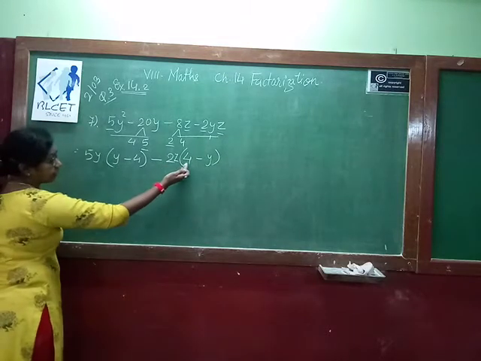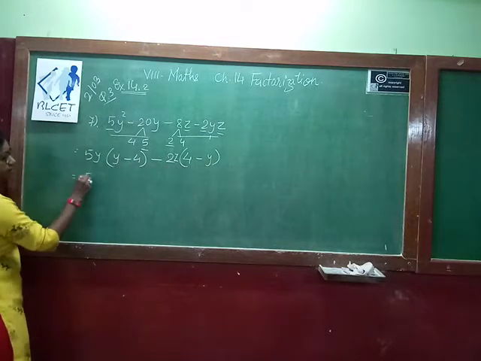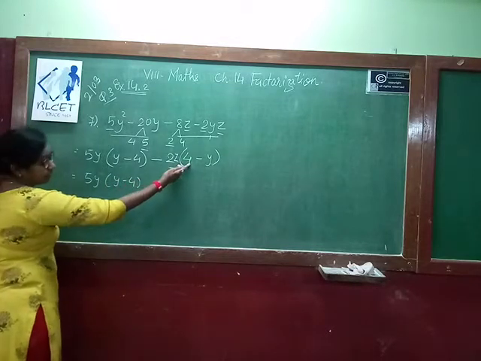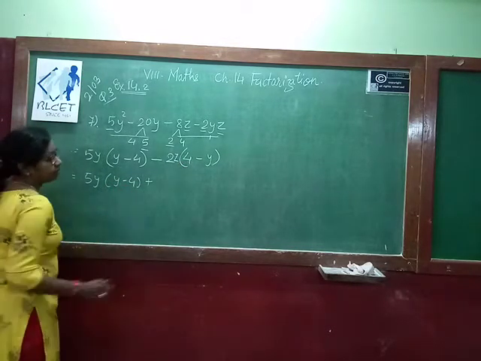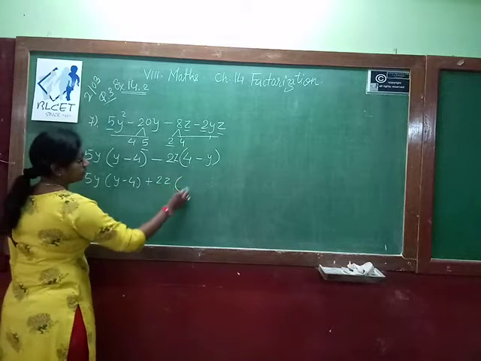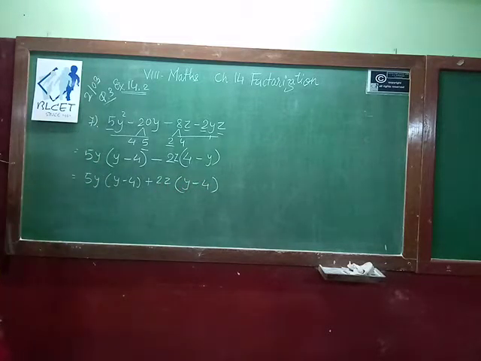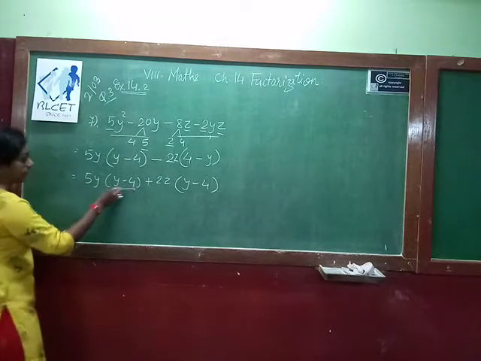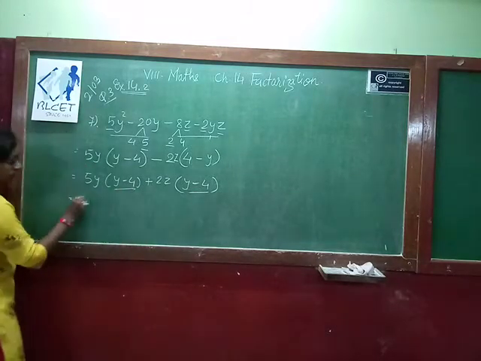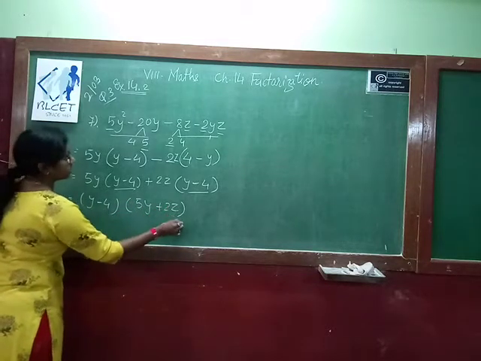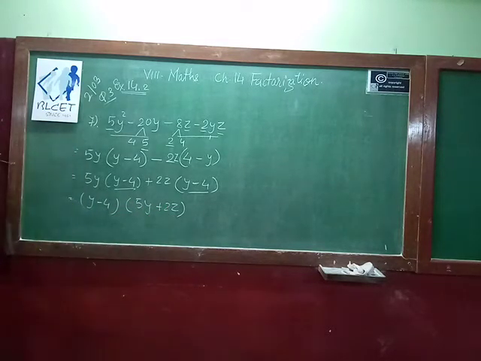So what we have to take? We have to take negative common. So y minus 4, if you are taking minus common from here, so this has become plus 2z, y minus 4. You change the sign of the bracket. Okay, now these 2 brackets are equal. So y minus 4 in bracket 5y plus 2z. So this is the answer of 7 question.